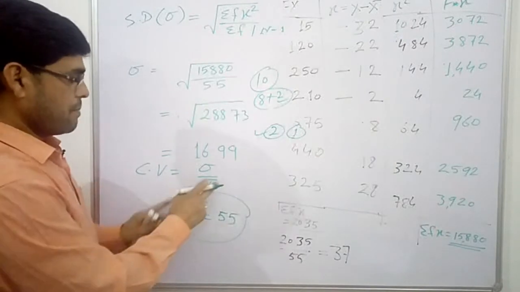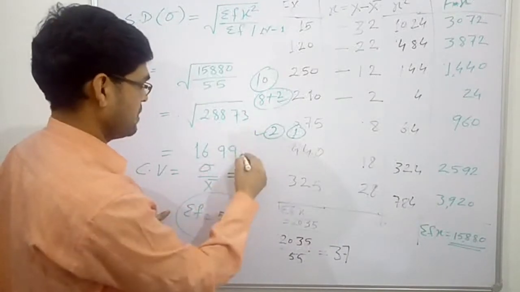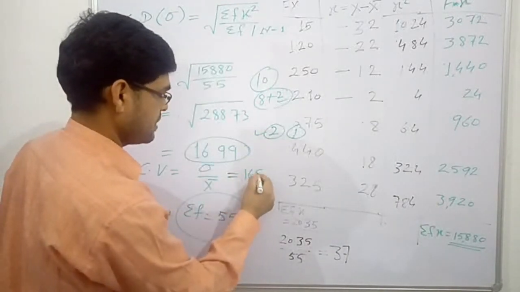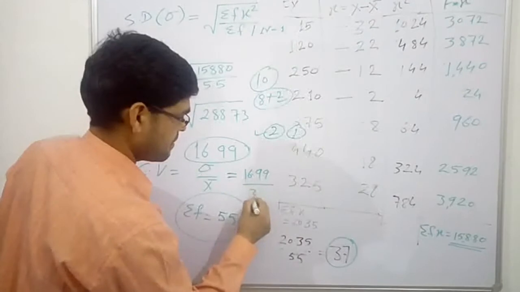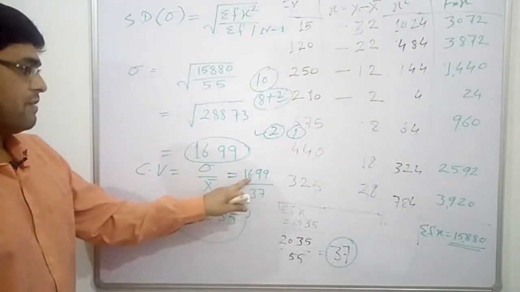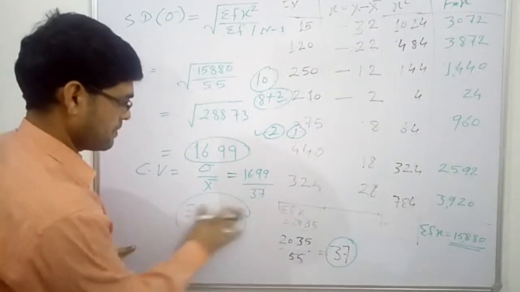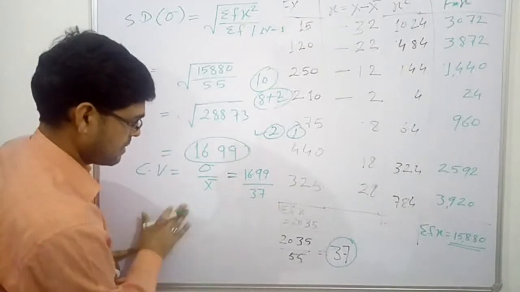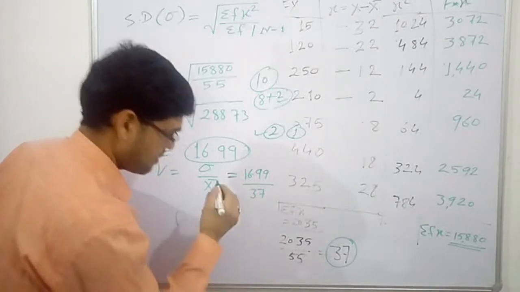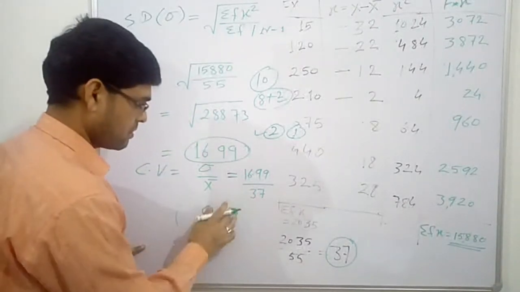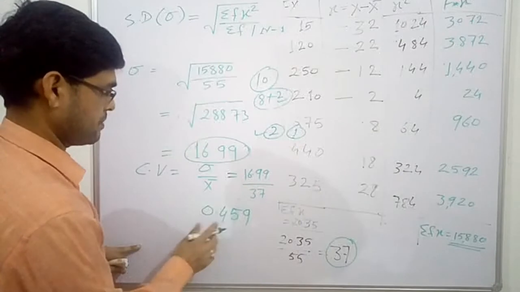So we have both values here: standard deviation 16.99 and mean value 37. If you divide 16.99 by 37, it gives you 0.459, or 0.46 approximately.